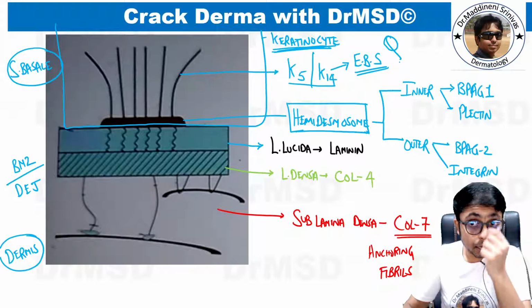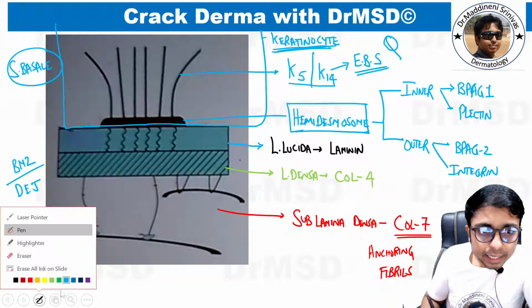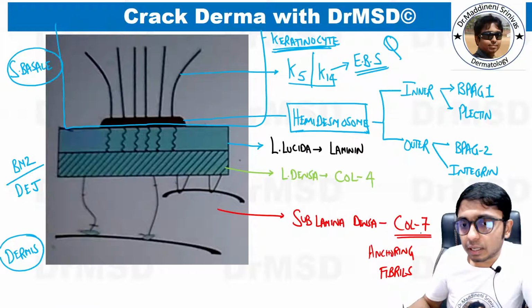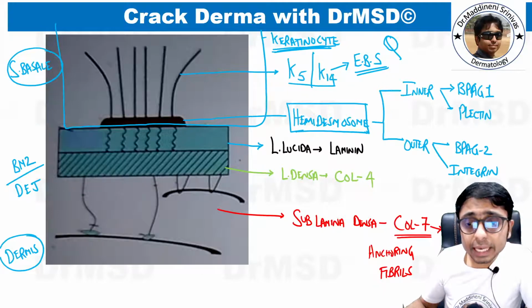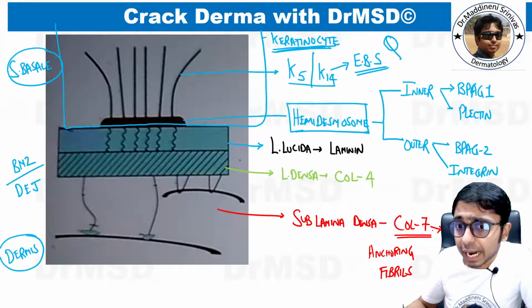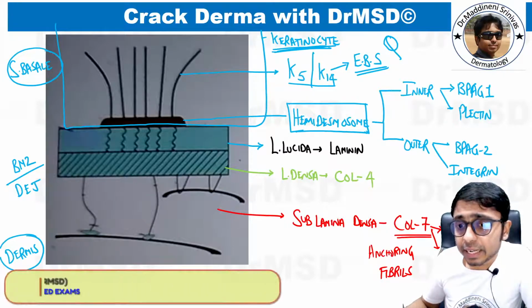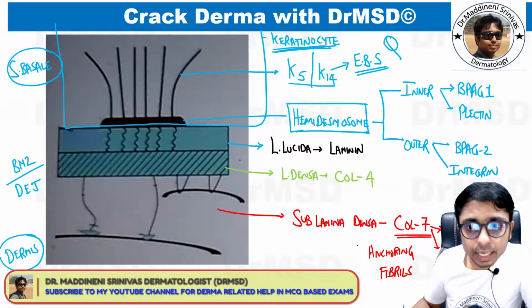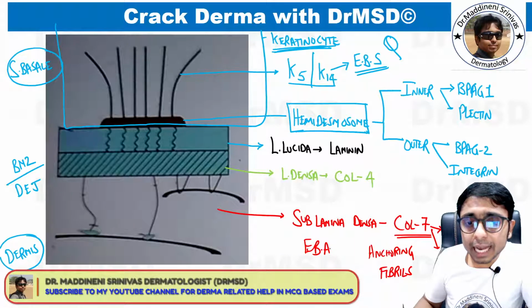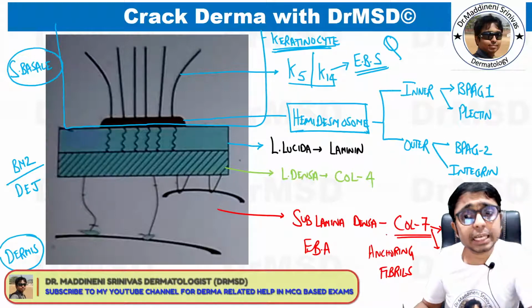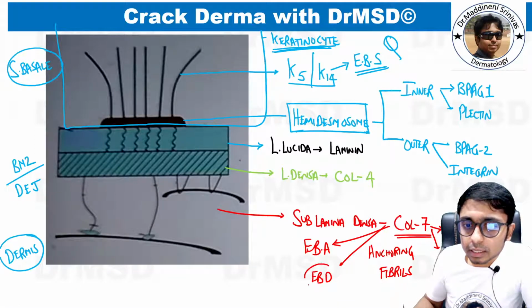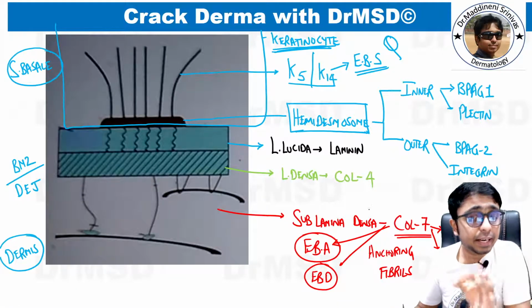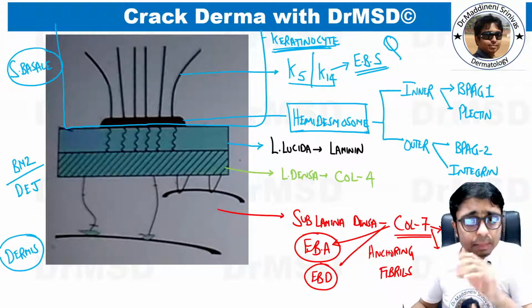Whereas collagen 7, the anchoring fibrils, will have auto antibodies in epidermolysis bullosa acquisita, and collagen 7 is genetically defective in epidermolysis bullosa dystrophica. Okay, I think I am coming in the way. So epidermolysis bullosa acquisita has auto antibodies against collagen 7, and in epidermolysis bullosa dystrophica collagen 7 is genetically defective. So that is about epidermolysis bullosa.